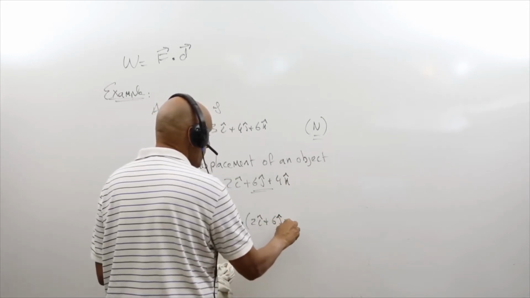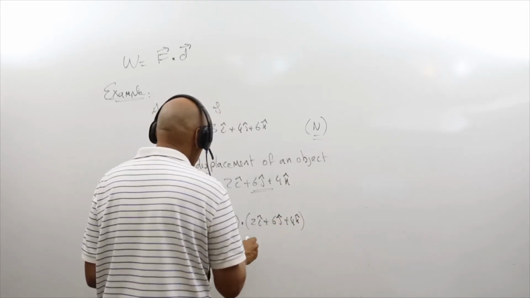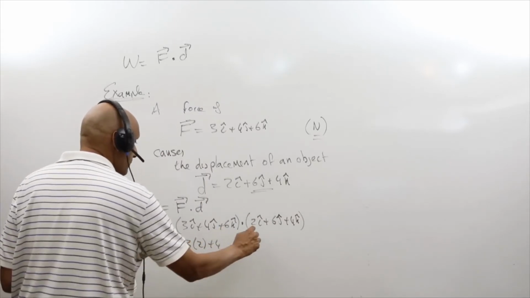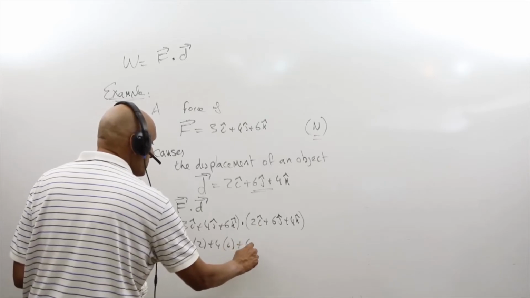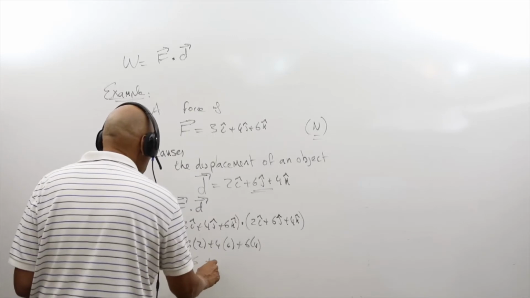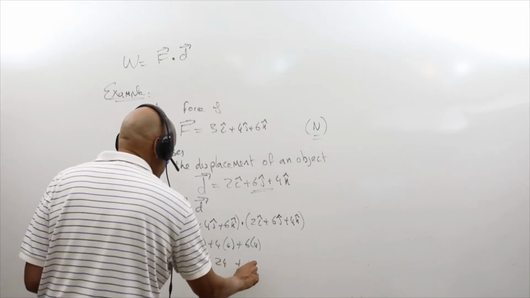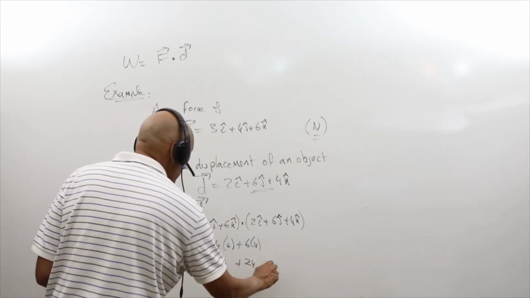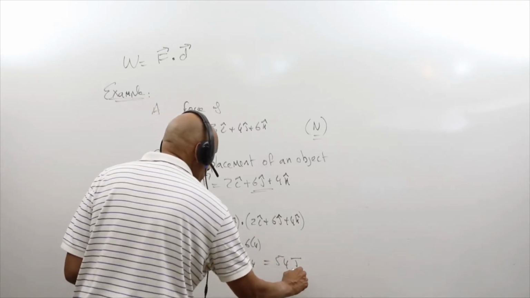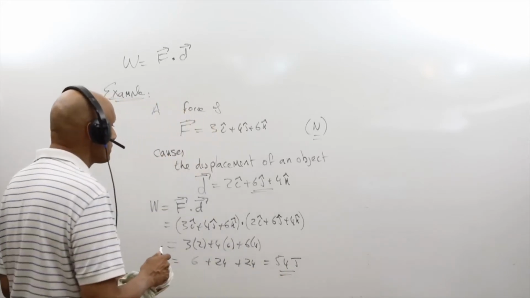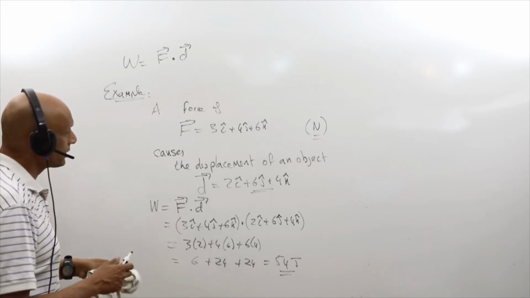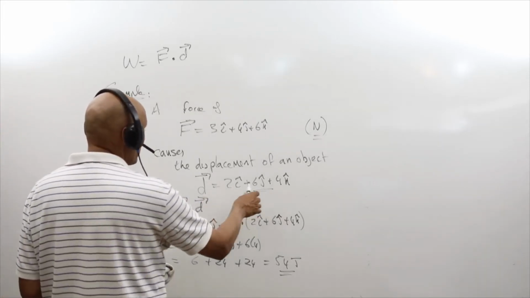The definition of a dot product is 3 times 2 plus 4 times 6 plus 6 times 4. And so we'll get 6 plus 24 plus 24, which is equal to 54, and the answer is in joules. So 54 joules was the work done by this force to cause the object to displace by this displacement vector.